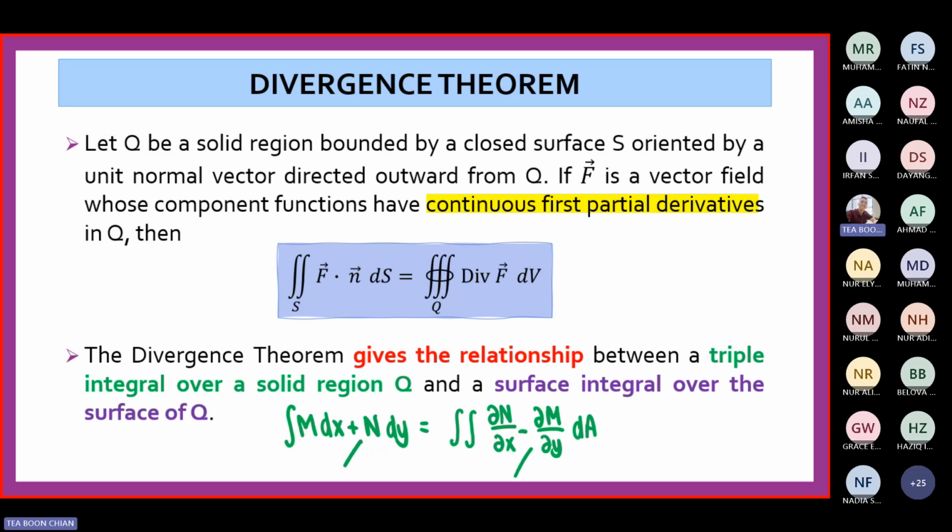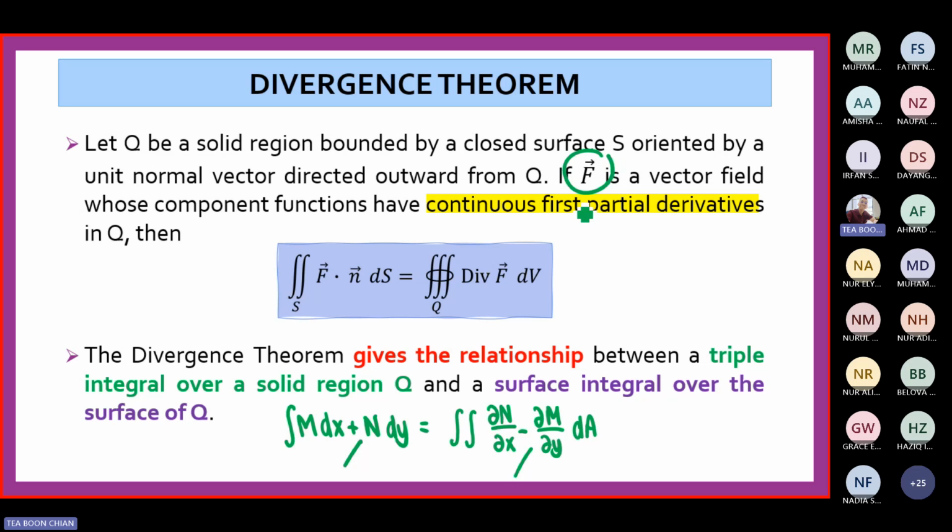It will not always be true, because of the statement that I highlight here: not every vector F has continuous first partial derivatives in the solid Q. That's why I want you to pay attention to this part.